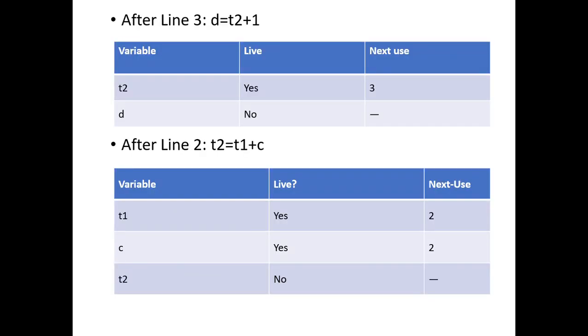After line 3, we are going to do backward analysis. So first, see line number 3, that is D equals T1 plus C. Here T2 is live because T2 is on the right-hand side of the expression. It is going to be used in the current line, so it is live. And next use, it is used in the third line, that's why next use is put as 3.